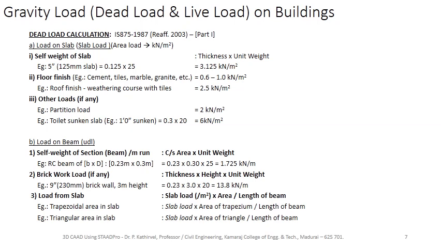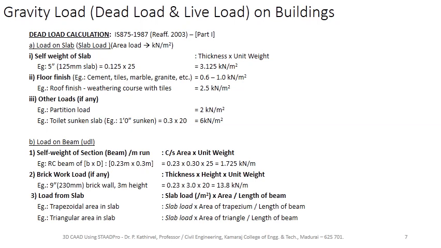Looking into the dead load, generally the load is found on the slab and the beam. While finding the load on the slab, the load is given as area load in kN/m². The load on slab includes self weight of the slab, floor finish, and other loads like partition and filling.